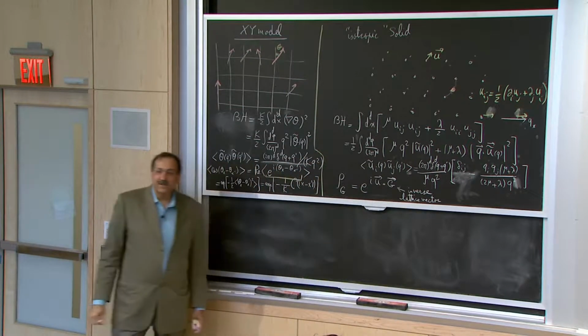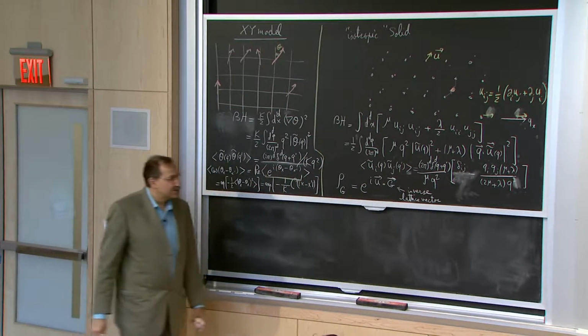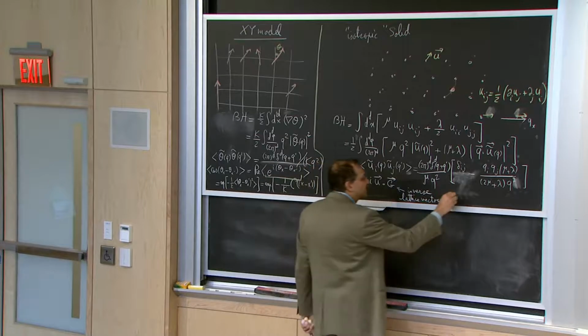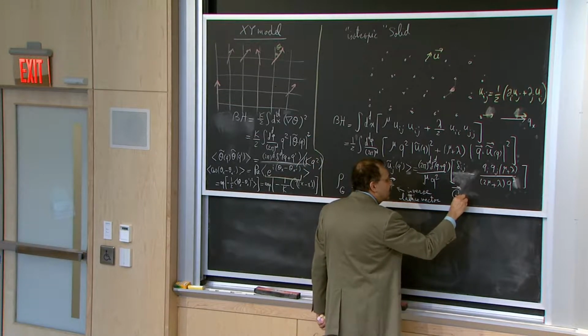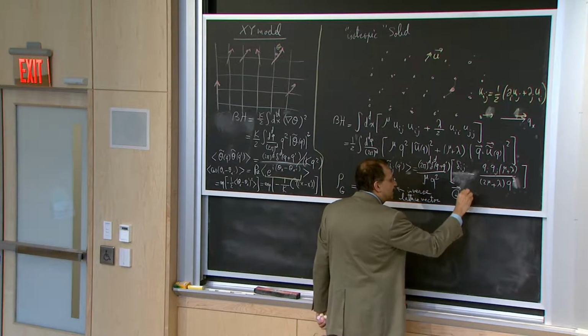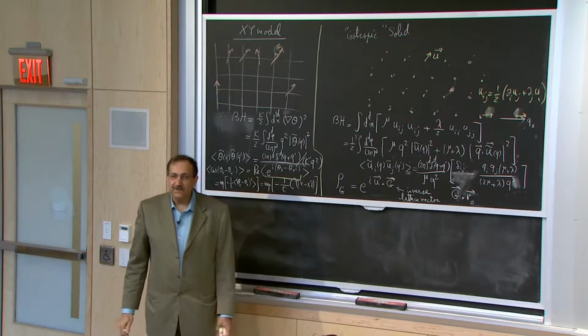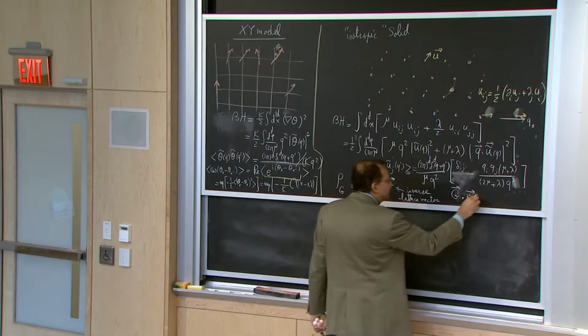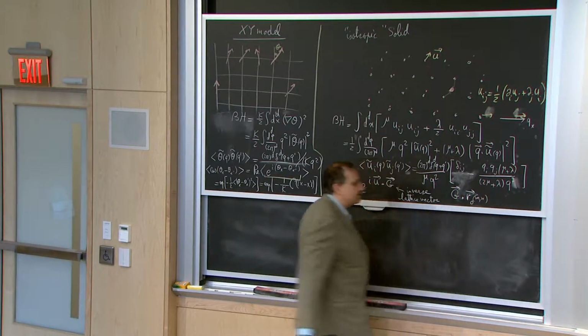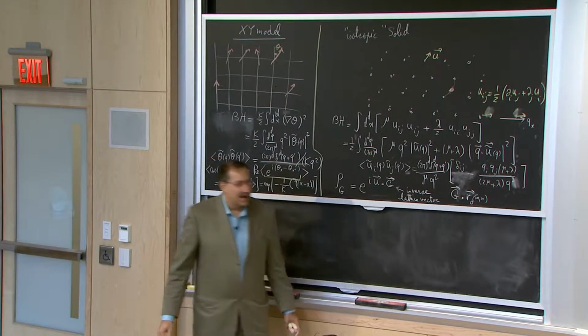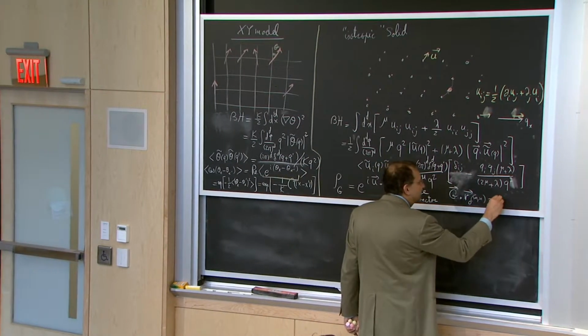Essentially, the inverse lattice vectors are defined to have the property that when you multiply them with any of the original lattice vectors, which are, let's say, parameterized by two integers m and n, the answer is going to be some multiple of 2 pi.